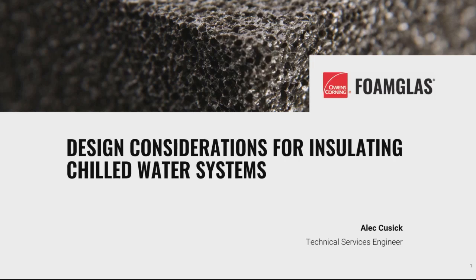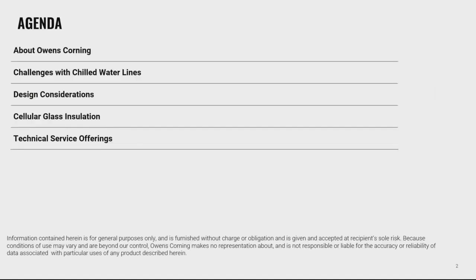And without further ado, let's move into our main topic today, which will be around design considerations for insulating chilled water systems. Before we get started, I'd just like to set the agenda for what we'll be talking about here today. We'll start off discussing a little bit about Owens Corning for those that may not be familiar with us. Then we'll move on into common challenges faced with chilled water lines within commercial spaces.